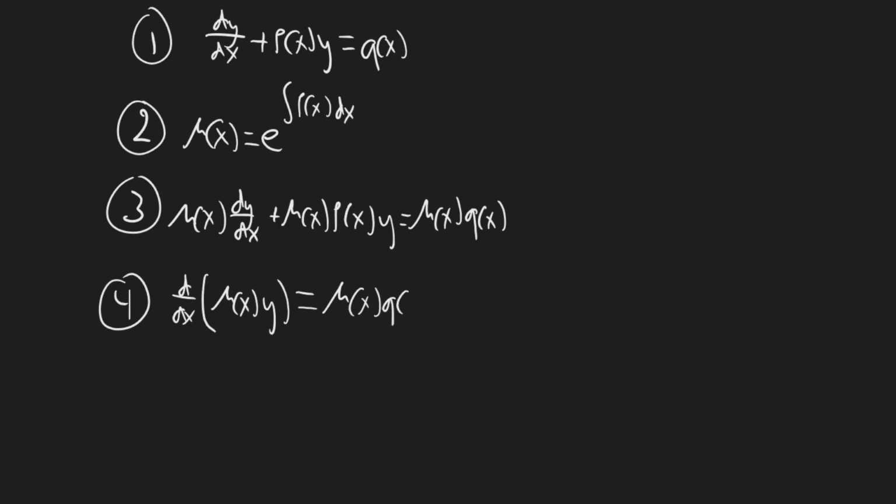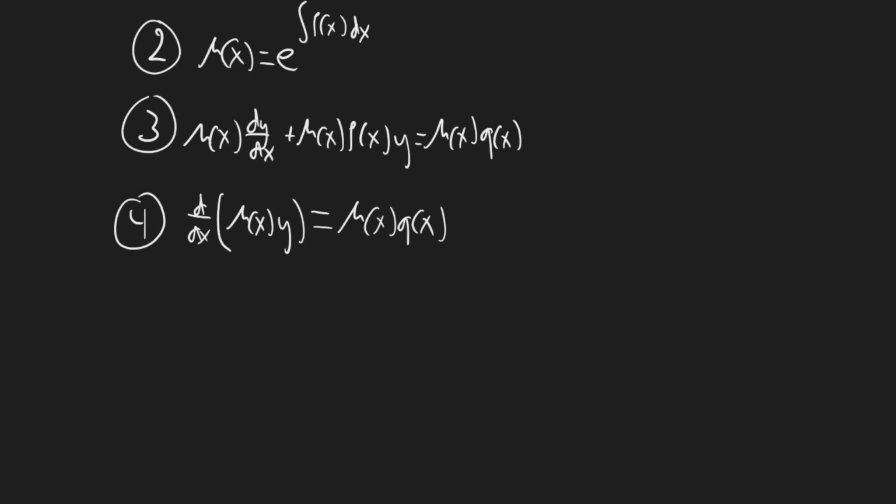If we do the product rule, we get mu of x times y prime plus mu prime of x times y. That's the formula for the product rule. I'm trying to convince you that this is exactly what we have written here. This part is easy: mu of x y prime just means mu of x dy dx, so they are the same.